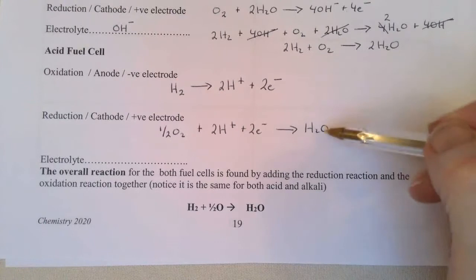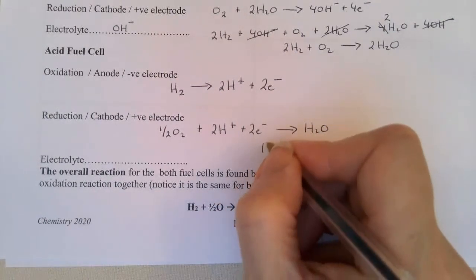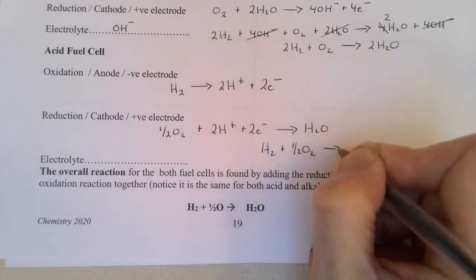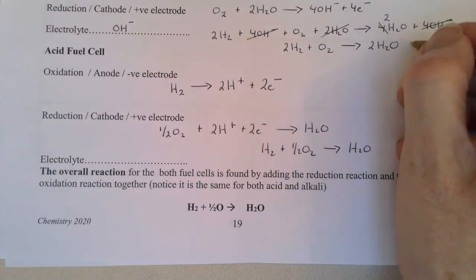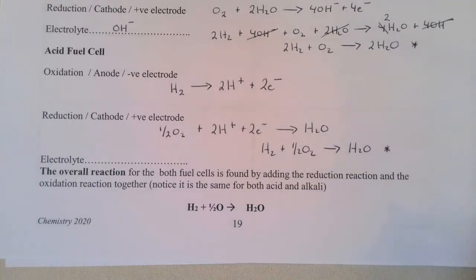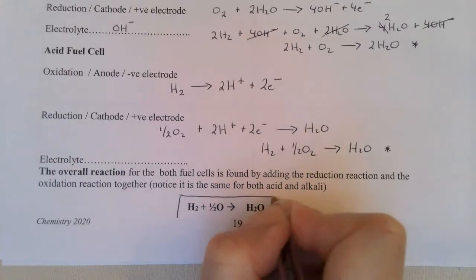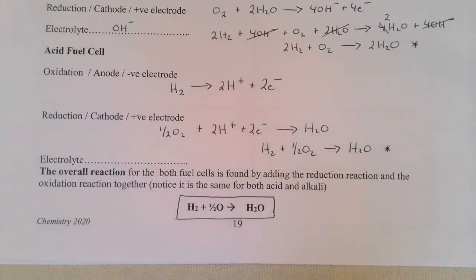Again, if I combine these two half equations together, I simply get H2 plus half O2 going to H2O. In other words, it's exactly the same as this top reaction. So exactly the same reaction is going on, which is why you get the same overall reaction, no matter whether you've got an alkali fuel cell or an acid fuel cell.